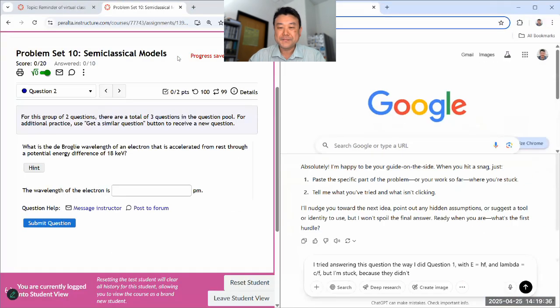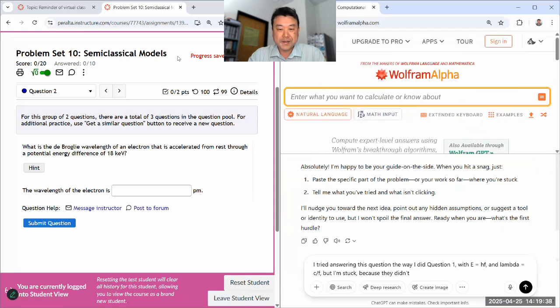So I can do this. From the given energy, I can work out frequency, which is equal to energy, 18 kilo electron volts, divided by Planck's constant. And then for wavelength, I say speed of light divided by the frequency.